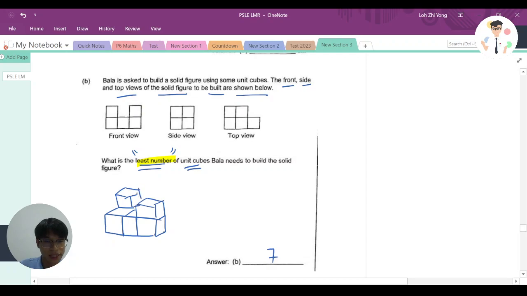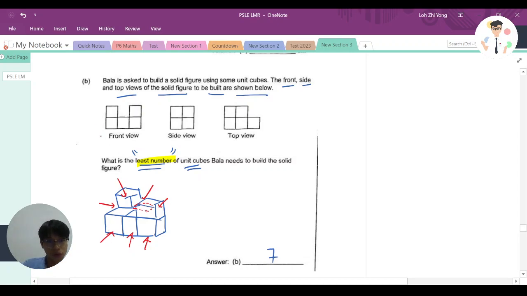I'm not drawing it nicely, but imagine that 1, 2, 3, 4, at the bottom 5, here 6, and here this part, just imagine that you can see through it. Here will be one more. So there'll be 7: 1, 2, 3, 4, 5, 6, 7.